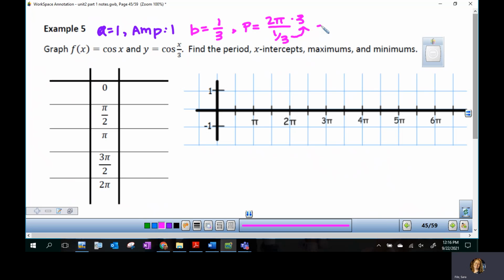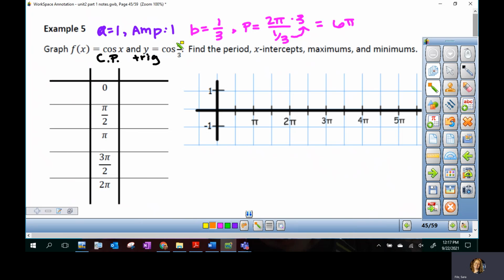So what's 2 pi times 3? Good. So the period of this graph should come out to be 6 pi. The amplitude should come out to be 1. That's what we're going to check at the end when we finish graphing. Okay, so I'm going to start with my critical points column always, and next to that will be the trig column. Okay, what am I taking cosine of here?